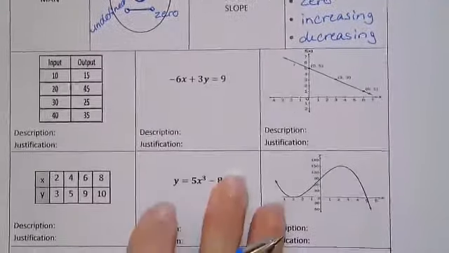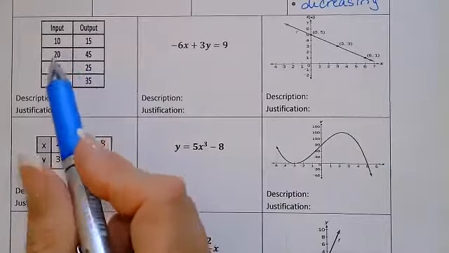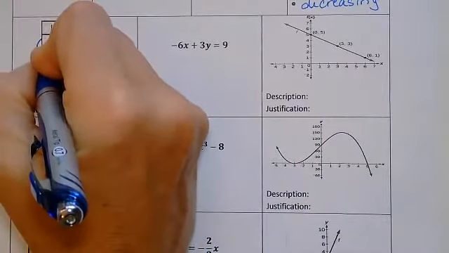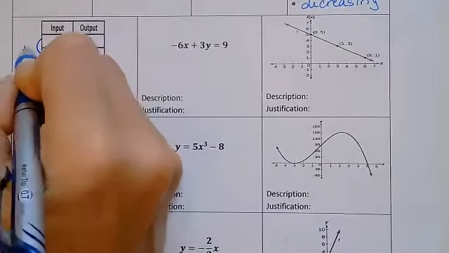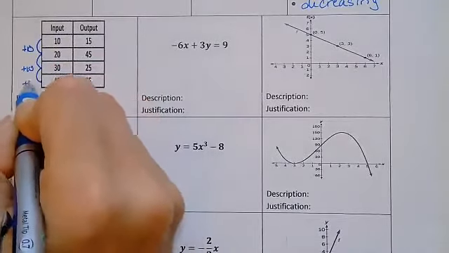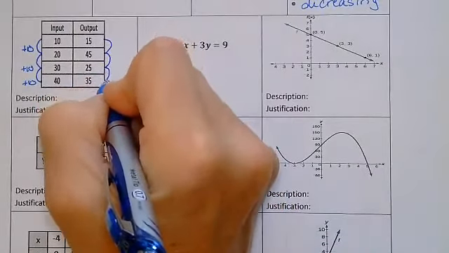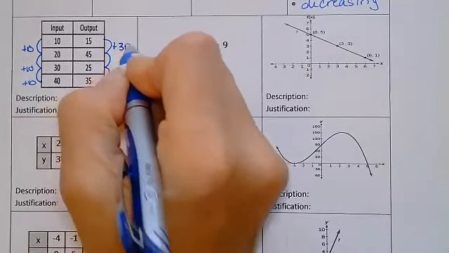All right, let's take a look at these different descriptions and decide how we can describe them. So I'm going to look at the rate of change for this table. When I go from here to here, it is plus 10. From here to here, plus 10, and here to here, plus 10. Okay, so that's constant. Now let's look here. From here to here is plus 30.